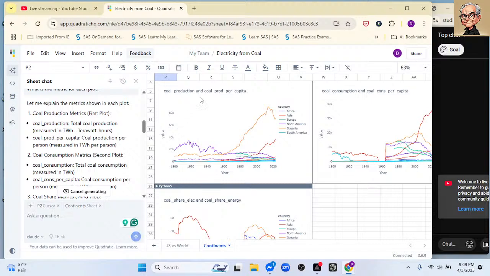I'm a little confused why this says both. Let's go to something a little simpler.